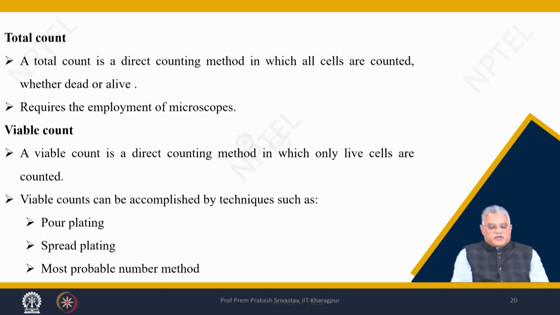The total count. A total count is a direct counting method in which all cells are counted, whether dead or alive. It requires the employment of microscopes. Now, the viable count. A viable count is a direct counting method in which only live cells are counted. Viable counts can be accomplished by techniques such as pour plating, spread plating and most probable number method.